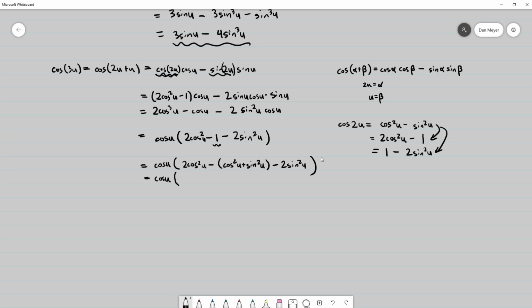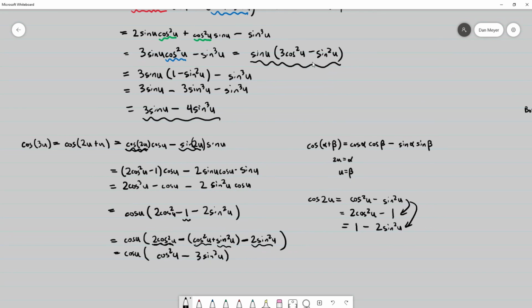Then I have 2 cosine squared u minus cosine squared u gives me just cosine squared u. And then I have a negative sine squared u minus 2 sine squared u gives me minus 3 sine squared u. All right, so there's one. That kind of looks similar to the one up here, right? That's interesting. Look how close these two formulas end up being.